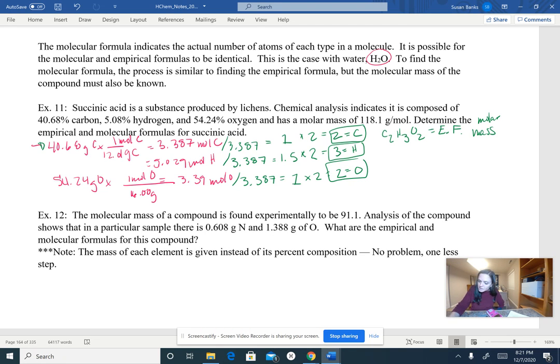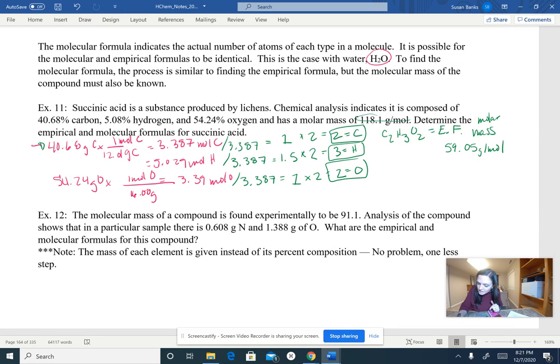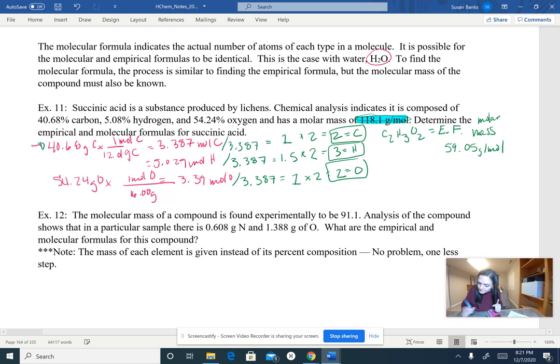This gives me an empirical mass of 59.05 grams per mole. Now, the next thing we've got to do is see if it matches our molecular mass. We have a molar mass of 118. Does that match?